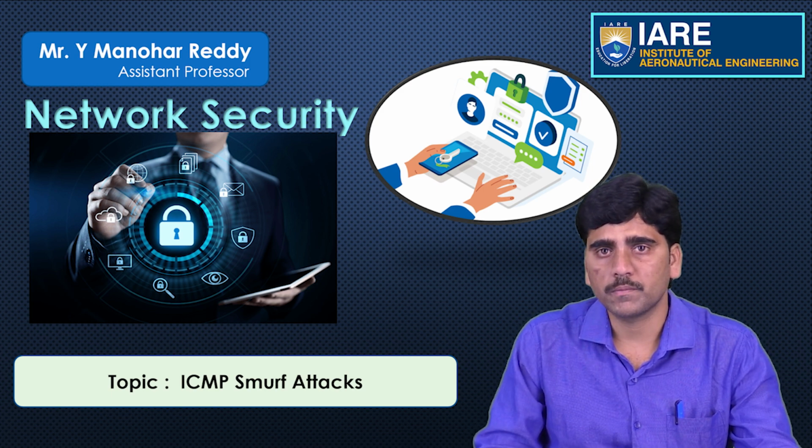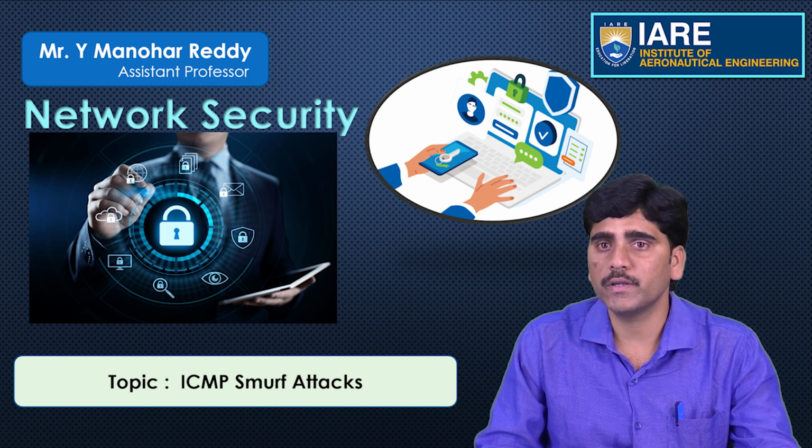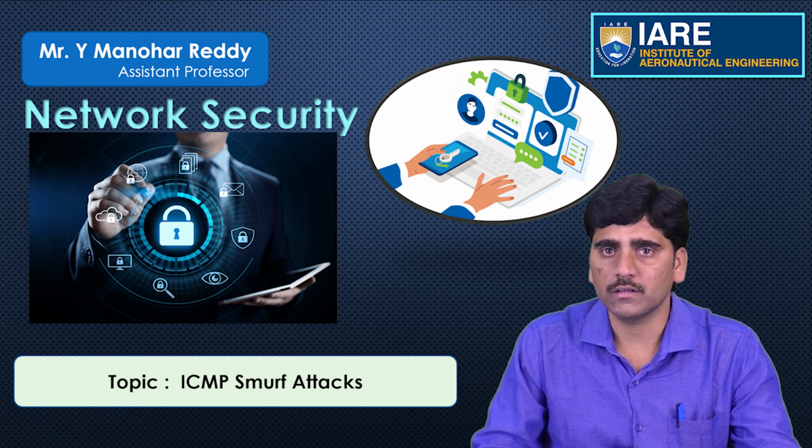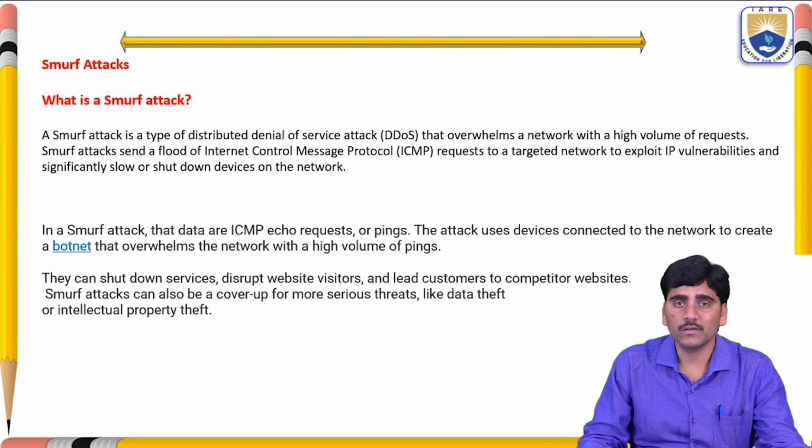Today I am going to explain the concept of ICMP Smurf attacks. In the real-time environment, there are different types of attacks, and among all of them, Smurf attacks are also one type.